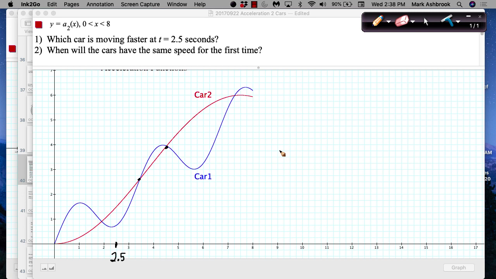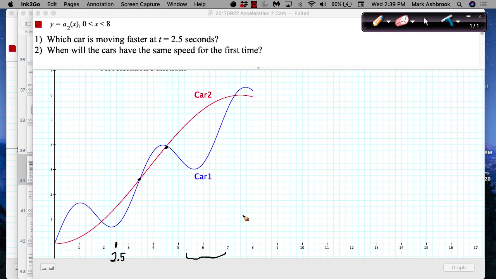Just ballpark. Someone said 7. 6. Somewhere in here, right? 5-ish to 7-ish, because car 2 is really gaining speed a lot faster than car 1 is. So somewhere in the 5 to 7 range, we think.